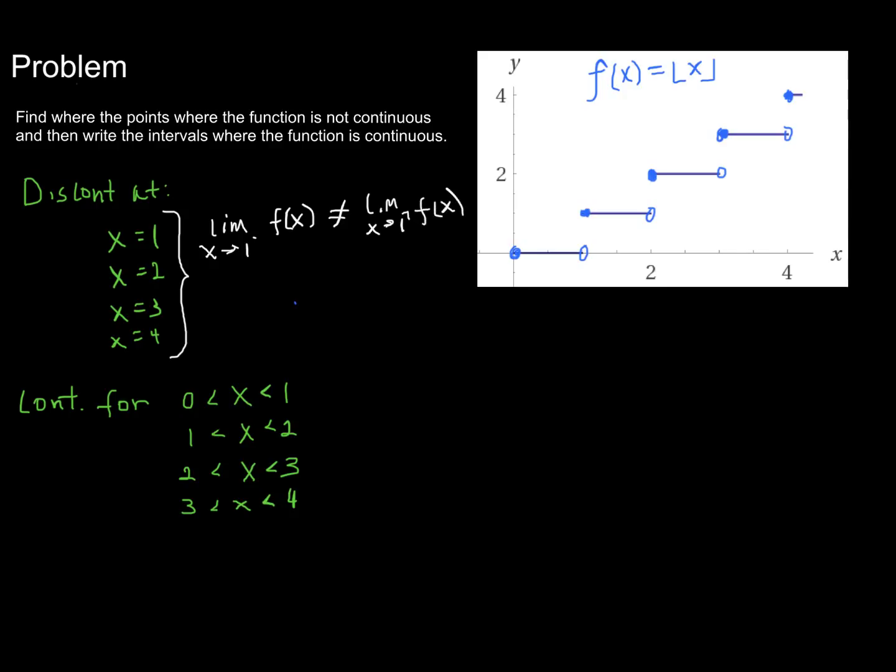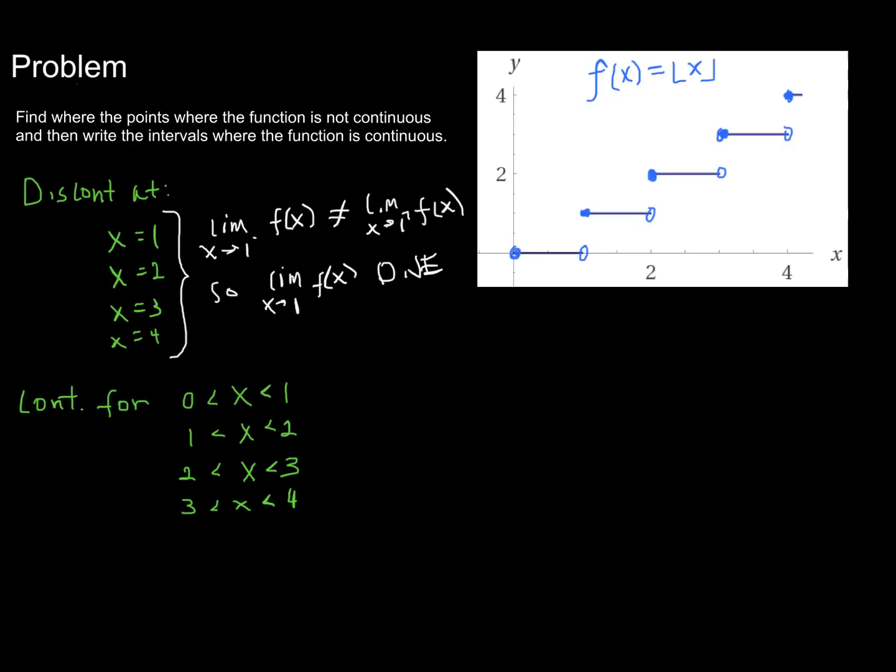And so therefore, the limit as x approaches 1 of f of x does not exist. And if the limit doesn't exist, it is impossible for us to say that it is equal to the value of the function at that point. And so we have a point of discontinuity.